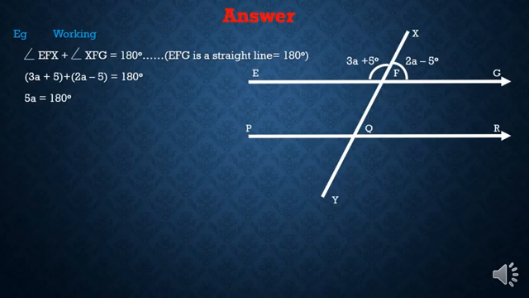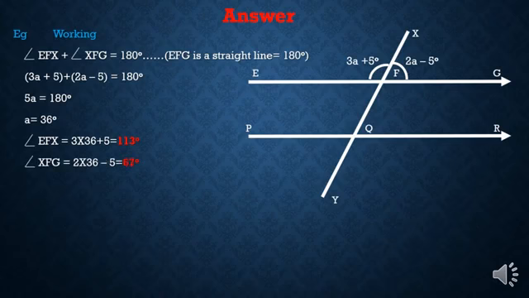So we only are left with 5a is equal to 180 degrees. a is equal to 36 by dividing 180 by 5. Therefore, angle EFX is equal to 3 into a, which is 36, plus 5, which is equal to 113. Angle XFG is equal to 2 into 36 minus 5, which is 67.